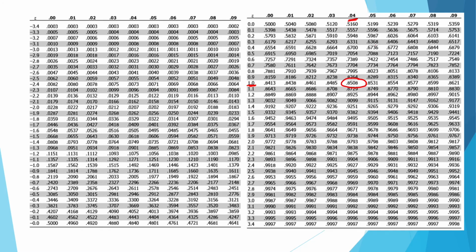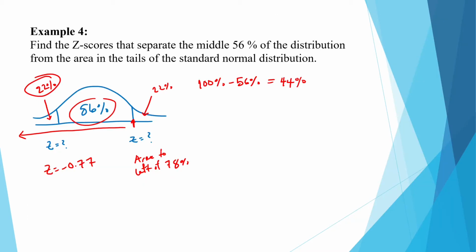The closest area to 0.78 is 0.7794, and that corresponds to a z-score of 0.77.